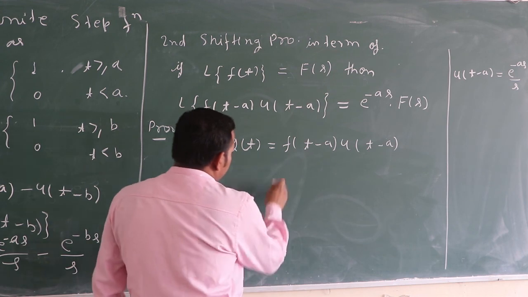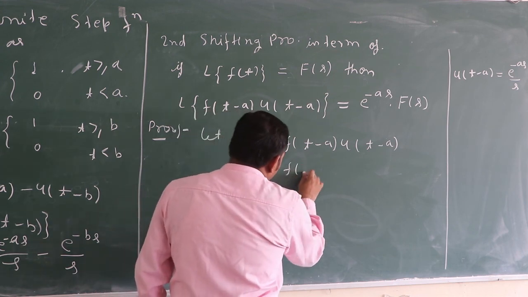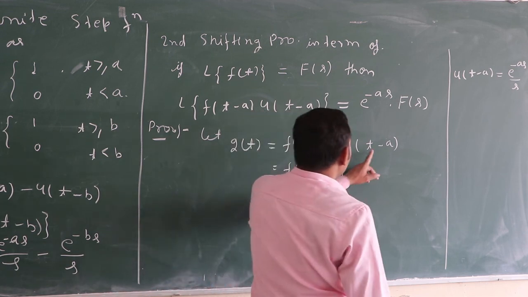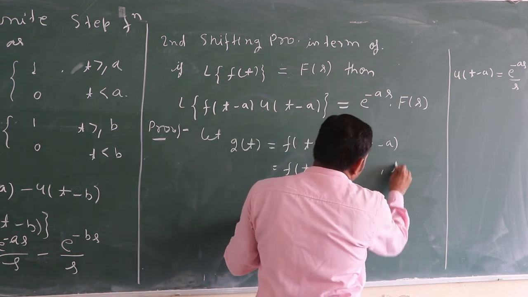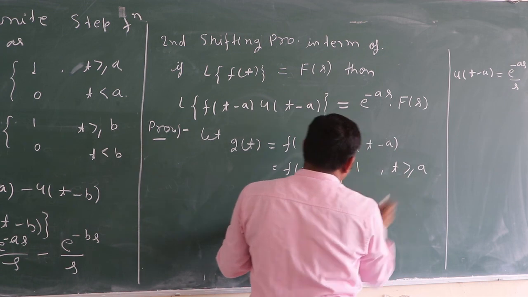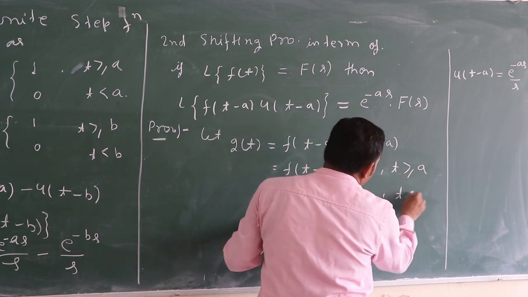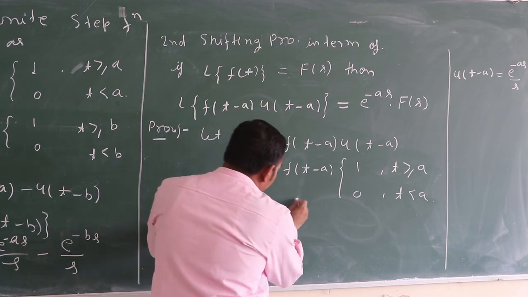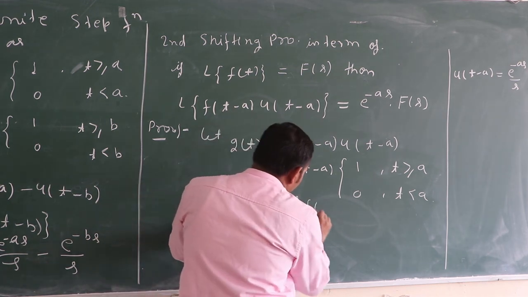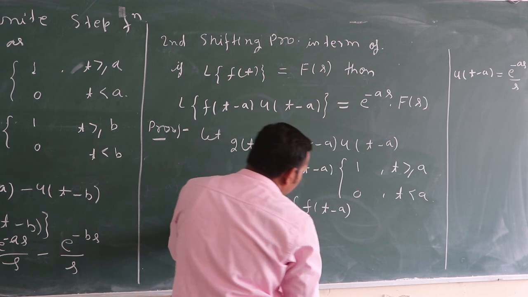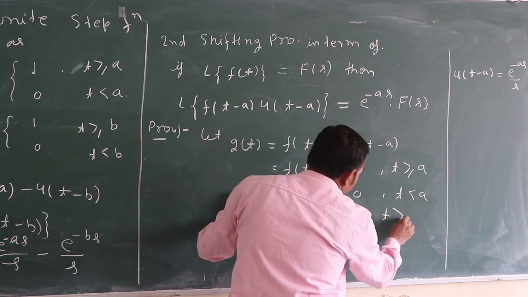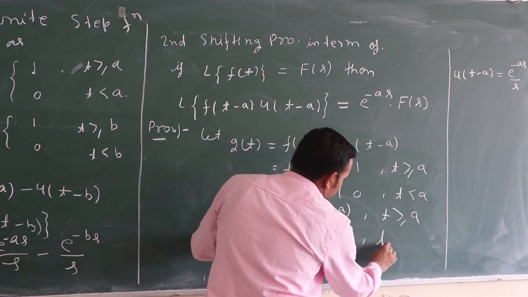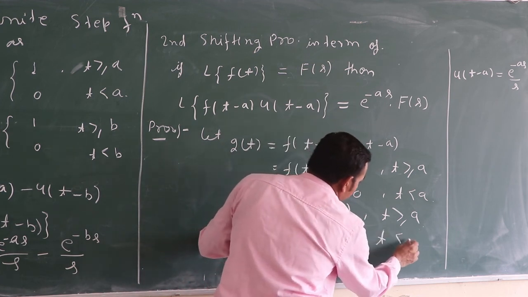Since u(t minus a) is 1 if t is greater than or equal to a and 0 otherwise, we can write g(t) as f(t minus a) for t greater than or equal to a, and 0 for t less than a.